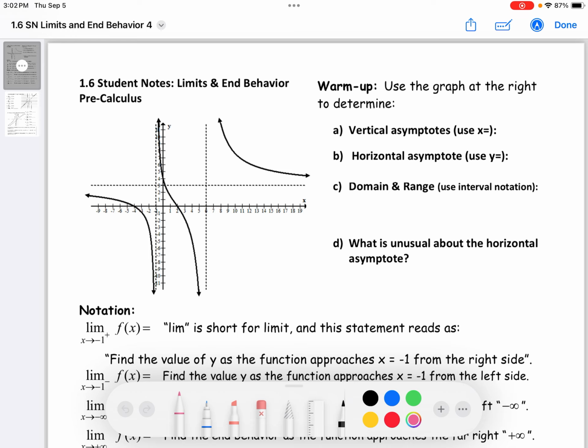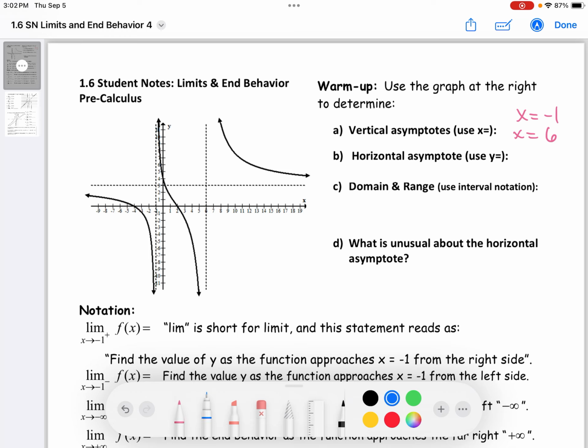For vertical asymptotes, we have two. We have one at the vertical line here, and we have another at the vertical line here. Vertical lines use equations x equals. So one of our vertical asymptotes is x equals -1, and the other is x equals 6.